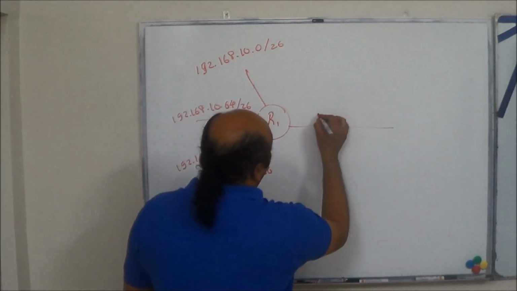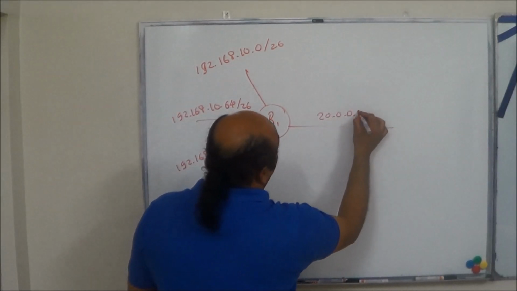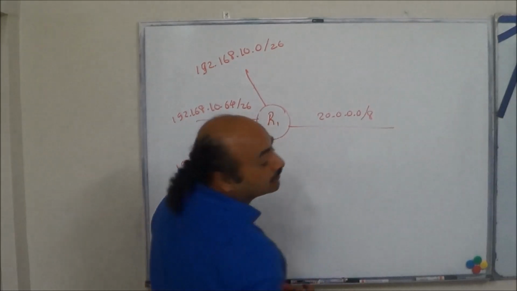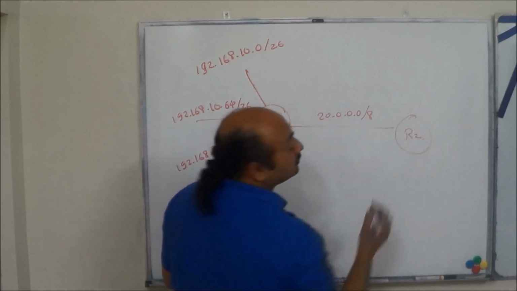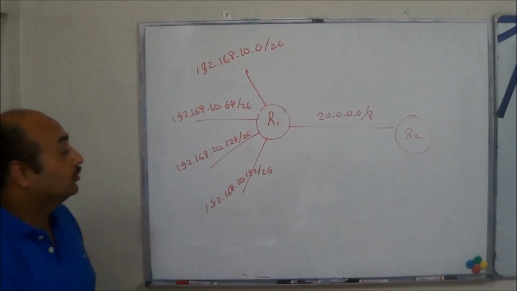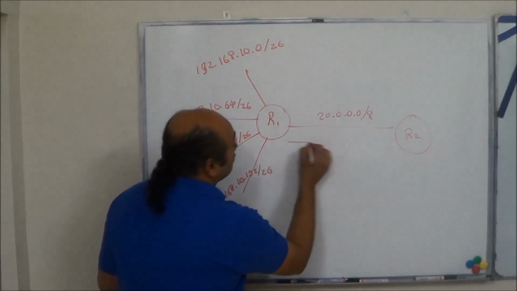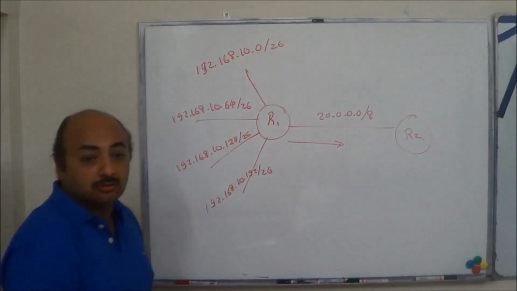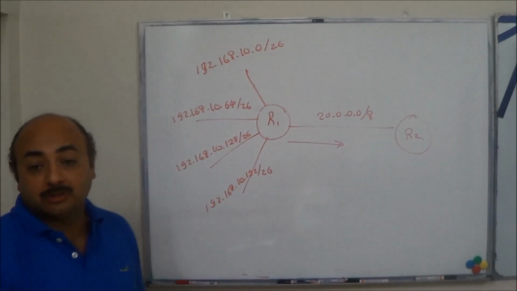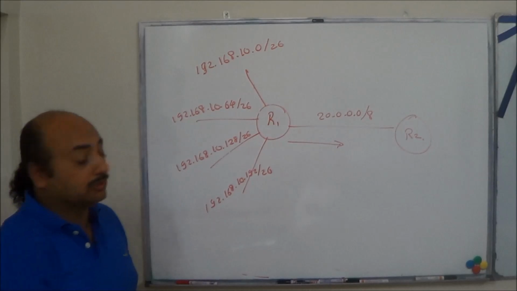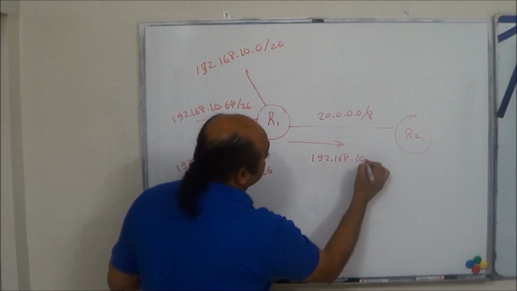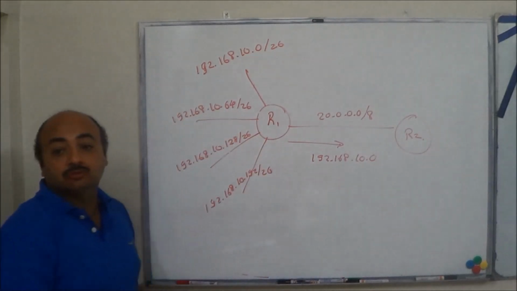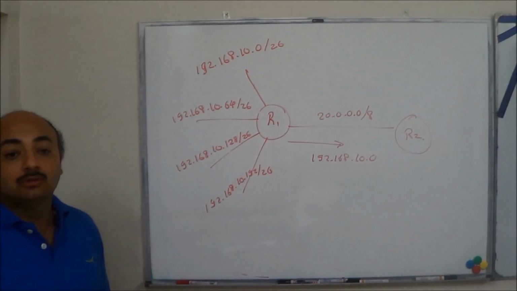And this is what? 20.0.0.0/8. R2. So what will by default go here? Irrespective of RIP 1 or 2, it will go as network bit. Yes, sir. Alright?